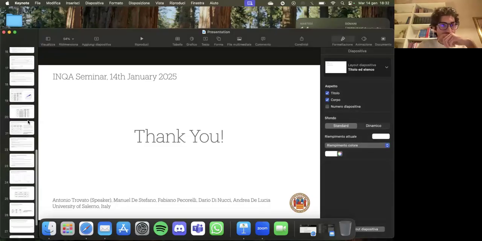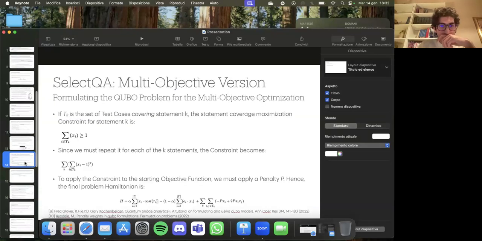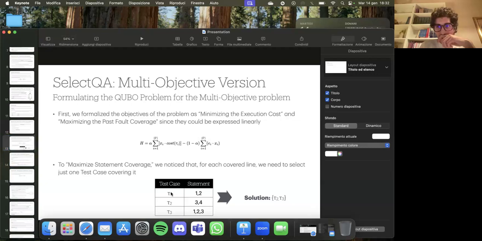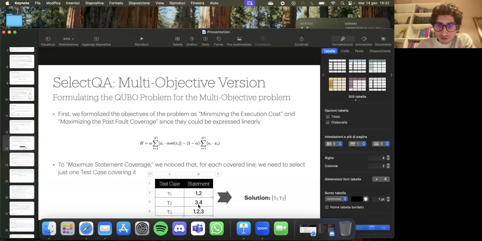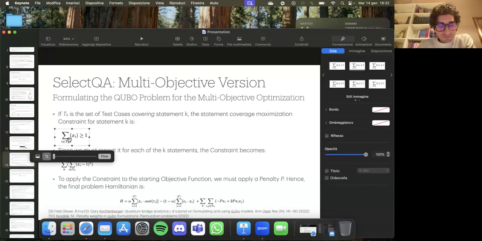I inserted it there because, maybe I can show it again. Here is the idea: in this table, there are some common statements that are covered by different test cases. First I started with this constraint that says I need at least one of the test cases that covers the statement K to be selected.